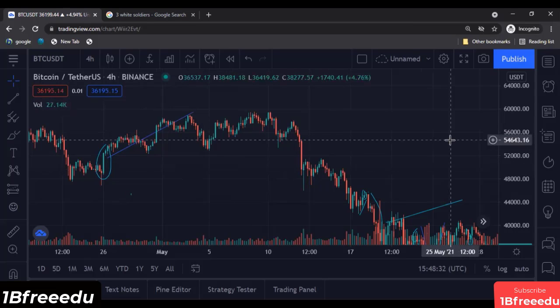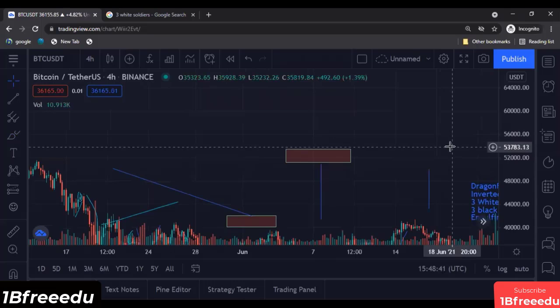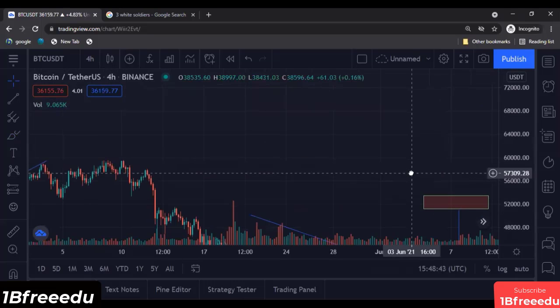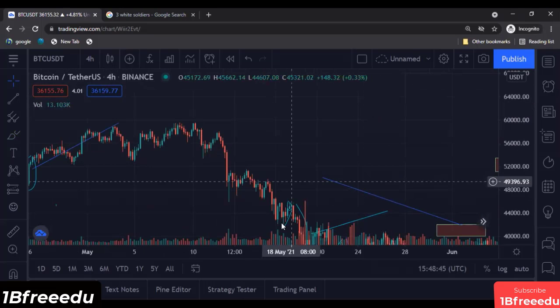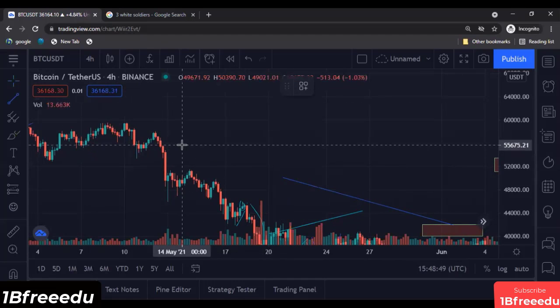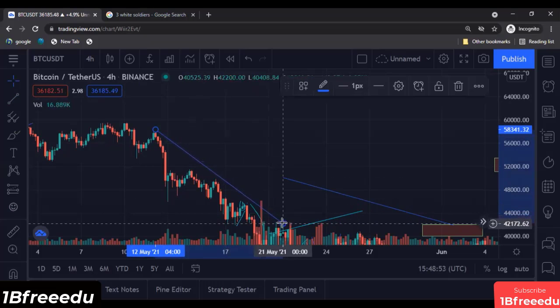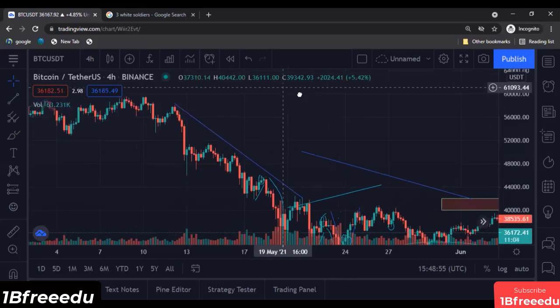Now, contradictory to that, there are three black crows. Three black crows is basically the opposite of three white soldiers. It means that when there are three consecutive red or bearish candles, we could see a potential downtrend.